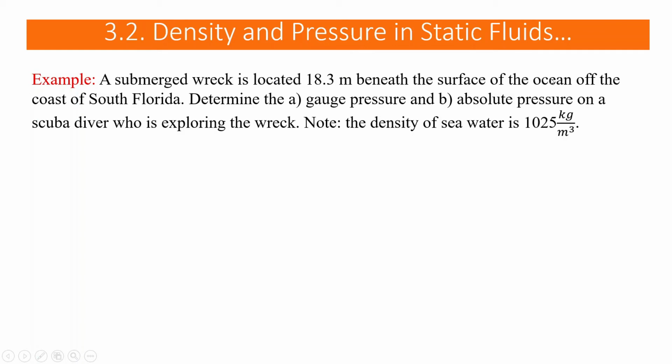The diver is present below the surface of the ocean at 80.3 meters. Therefore the gauge pressure is equal to the rho value, which is 1025, multiplied by 9.8 meters per second squared, multiplied by the h value. Having this, it's possible also to find the absolute pressure. The absolute pressure is equal to gauge pressure plus atmospheric.